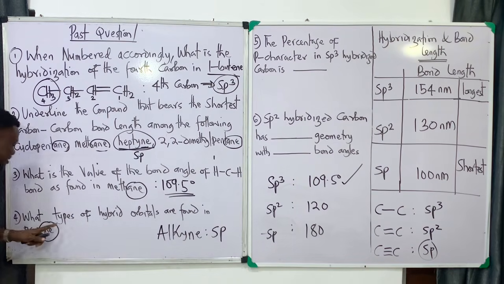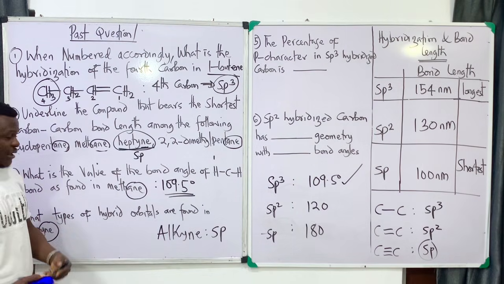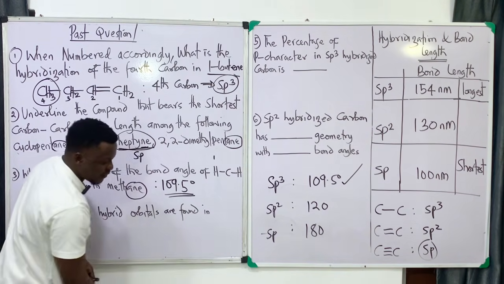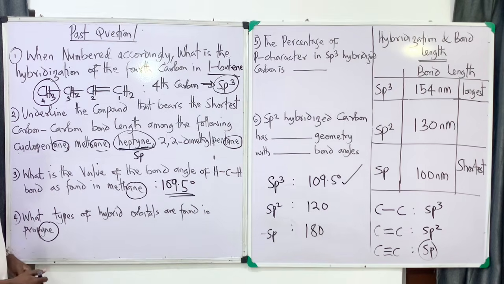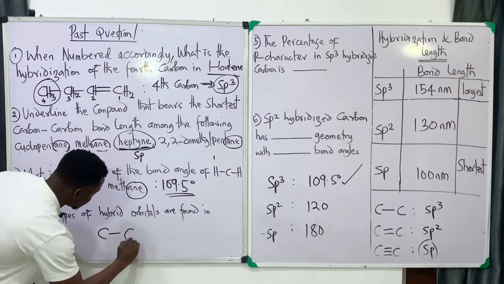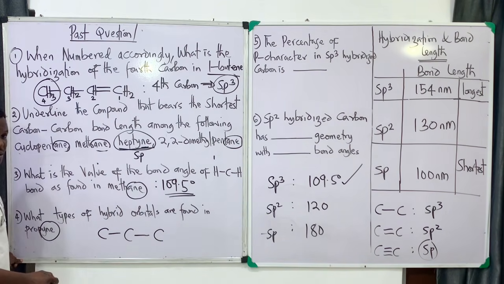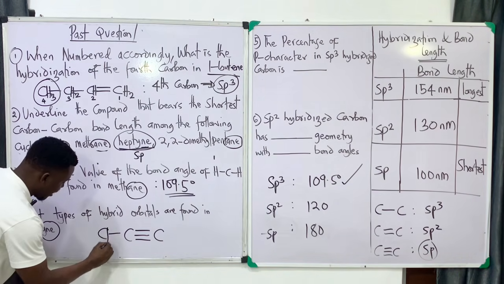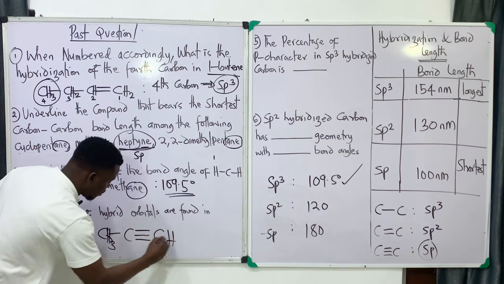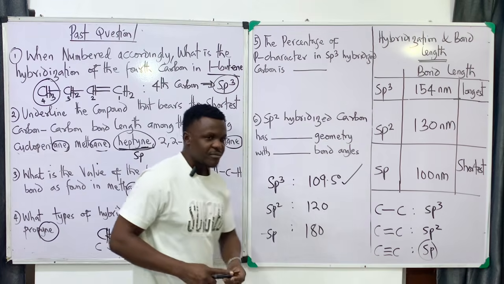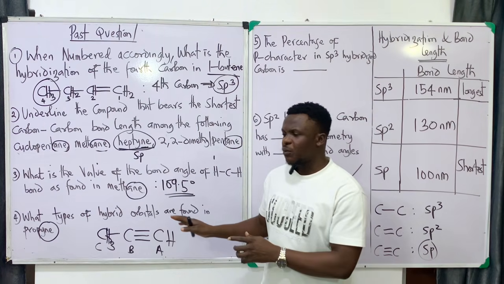They said, what type? So it's possible that we may have more than one type. Let's see the types of carbon atoms present. Propyne is 1, 2, 3. Prop means 3 carbons, and yne means a triple bond. We have CH3, so we have carbon A, carbon B, and carbon C. Class, how many types of carbon can we see here?